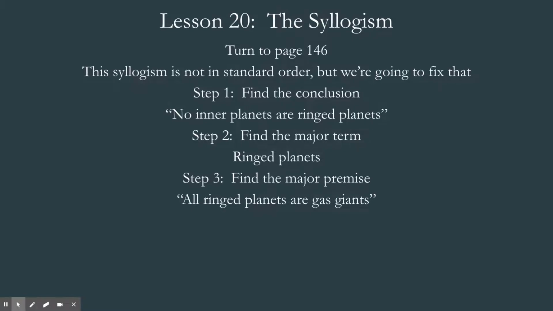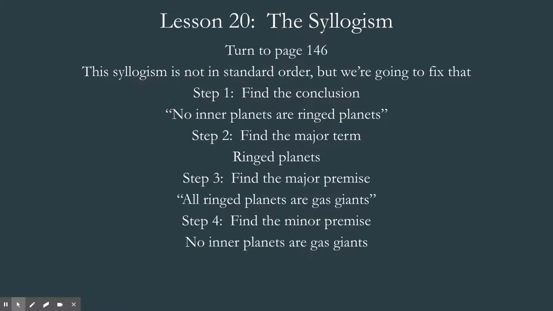Process of elimination here, David Sellers. What's my minor premise? Yeah, no inner planets are gas giants. So there are 2 ways. If I ask you on a test or a quiz, how do you find the minor premise? There's 2 possible answers. One, it has the minor term. But even more basic, it's the process of elimination. It's not the conclusion. It's not the major premise.